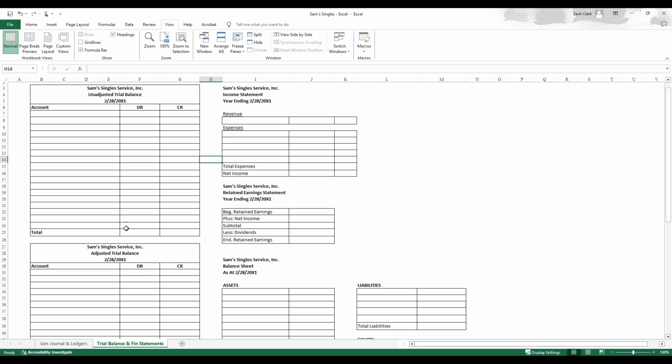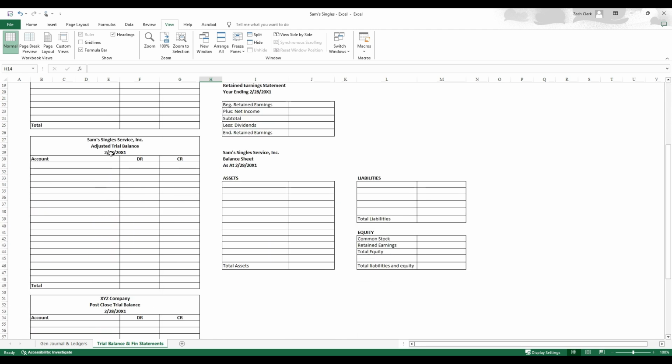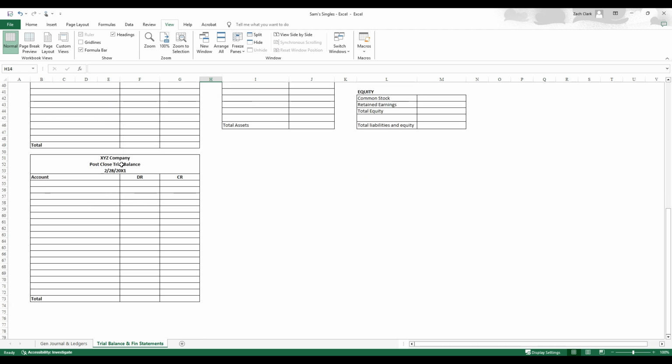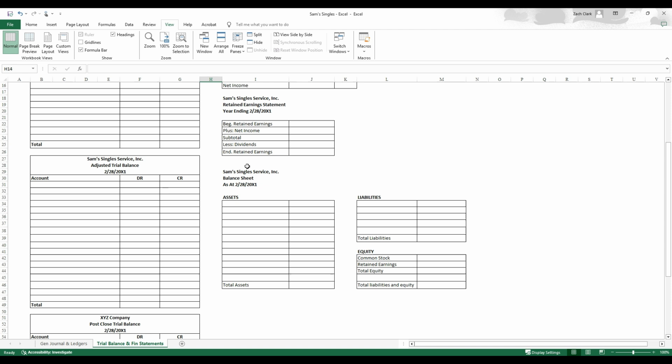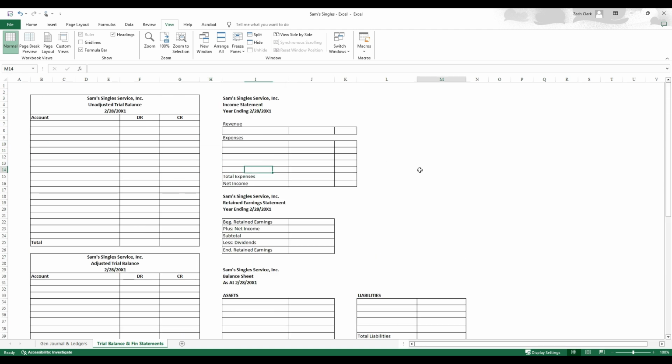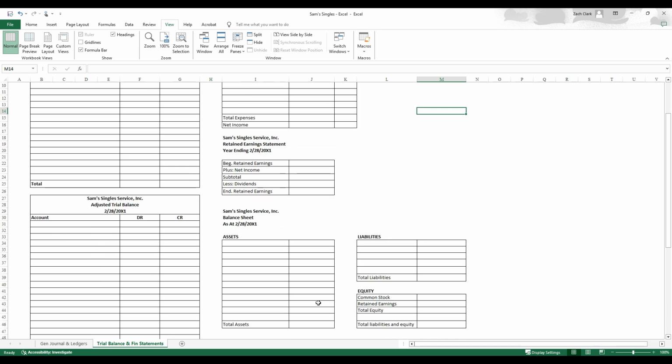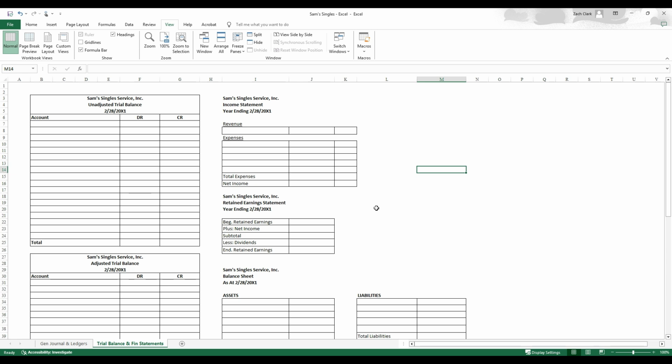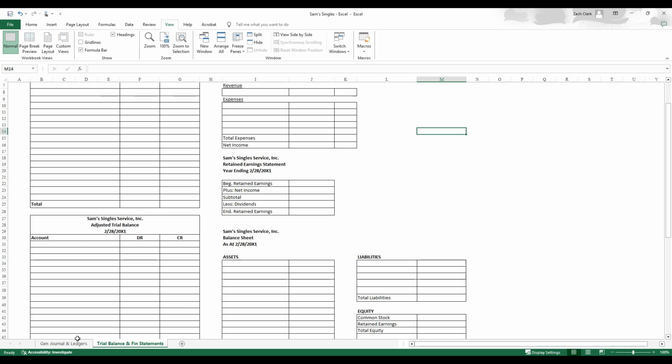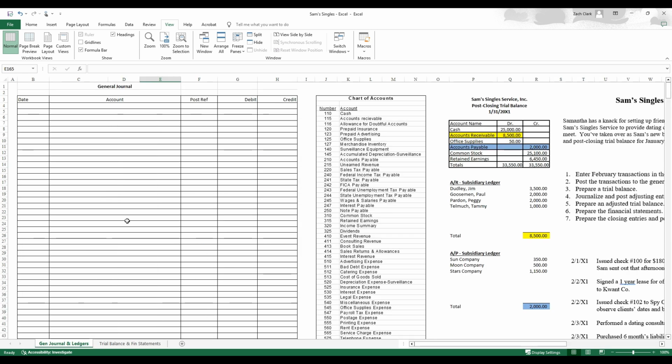Then the trial balance after we make our adjusting entries, and then our post-close trial balance after we do our closing entries. And then we are going to prepare financial statements with the adjusted trial balance. And so we've got kind of a template of financial statements here, and we'll be filling that out as we go. So, all right, let's jump over and start taking a look at it.